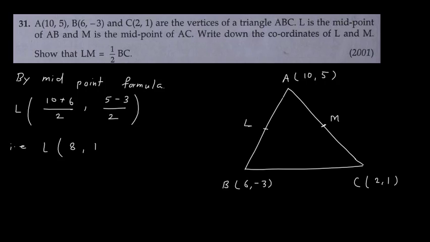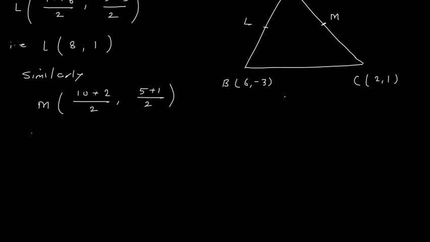This is L. And similarly M, similarly I will say that we have M as 10 plus 2 divided by 2, comma 5 plus 1 divided by 2. That is, this is 12 divided by 2 is 6 and 6 divided by 2 is 3. So we get the value of LM.